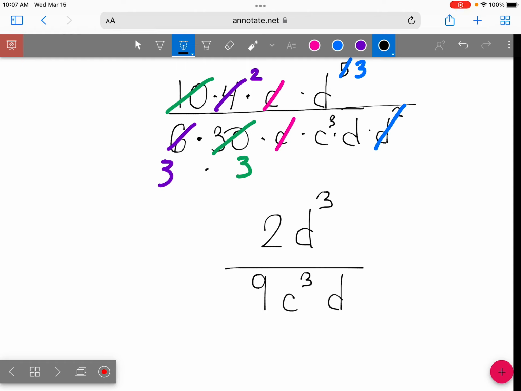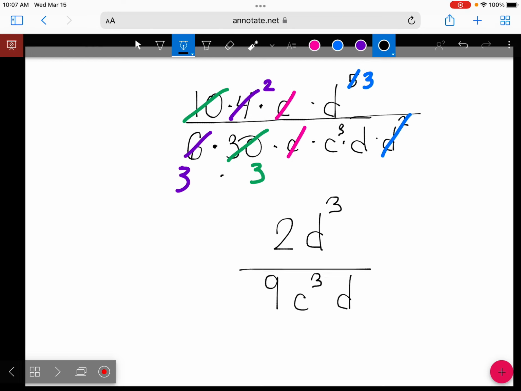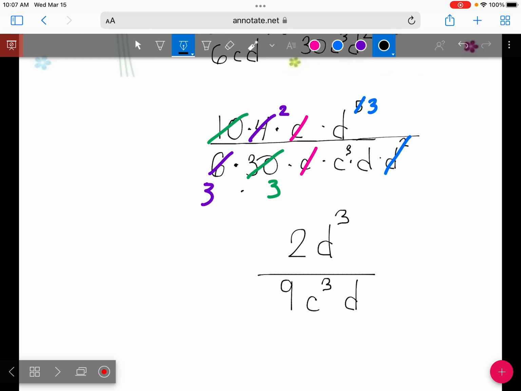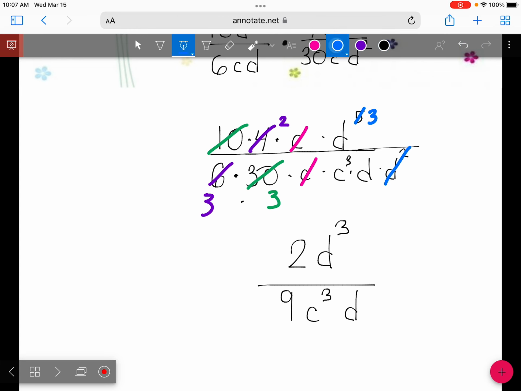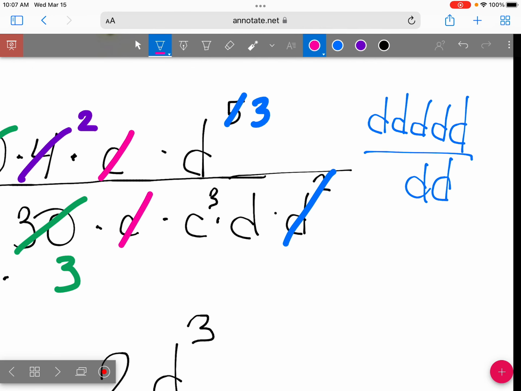Are we fully simplified? I still have D's there. The D cubed came from having D to the 5th on the top. So that's 1, 2, 3, 4, 5 D's on the top, and we saw that D squared, so I went D and D. Canceling out the things we have in common here, I can cancel 1 D here and 1 D here.